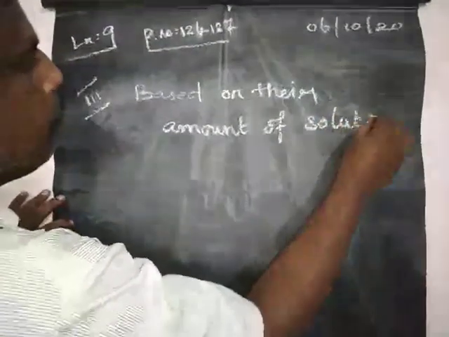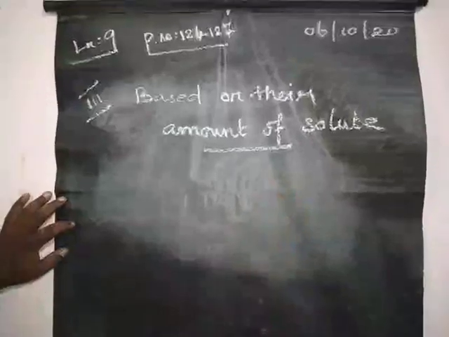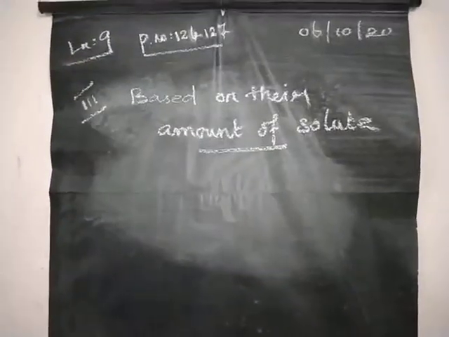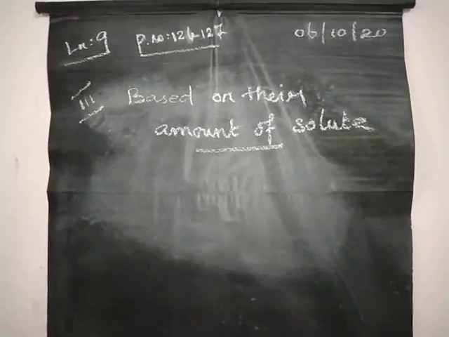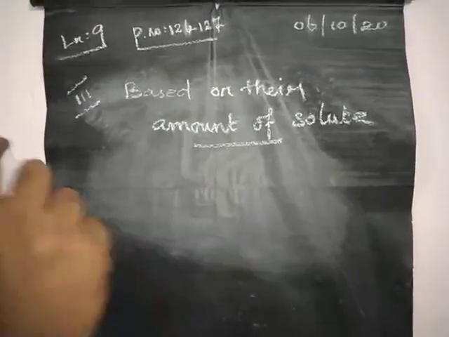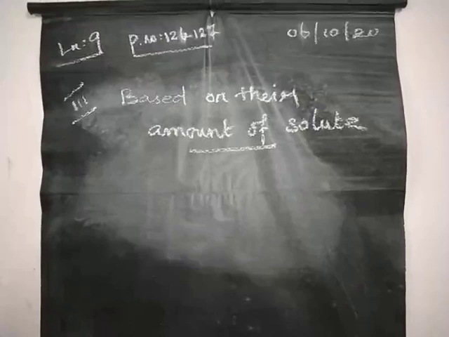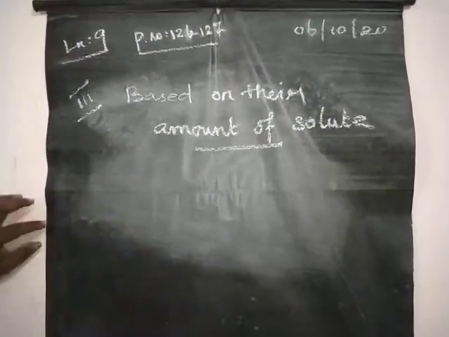The third category is based on the amount of solute. We know what is meant by solute: in a solution, the component present in less amount by weight is called the solute.